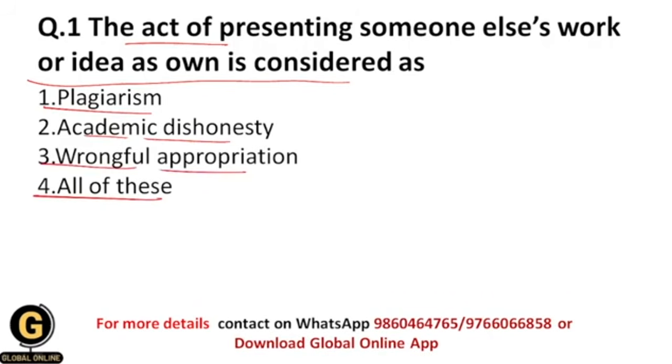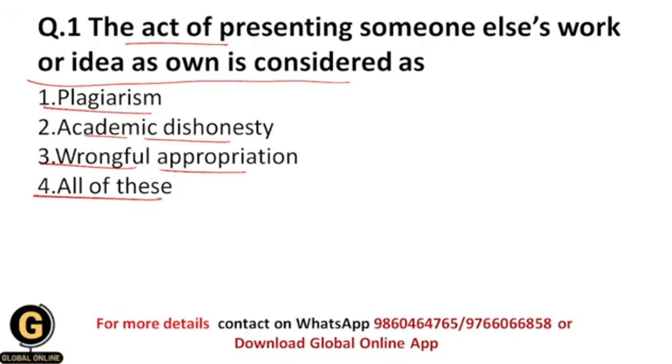So basically students, within the whole research methodology subject, the act of presenting someone else's work or idea as our own is considered as plagiarism. And there are other words for plagiarism such as academic dishonesty, because you are presenting someone else's work or idea as your own, and that's why this is academic dishonesty.